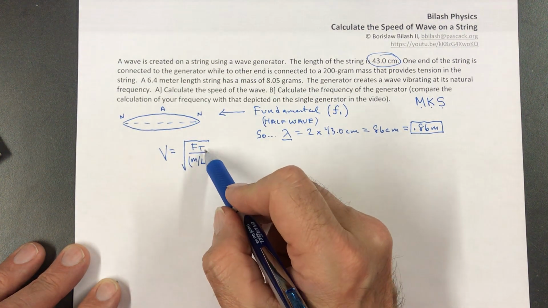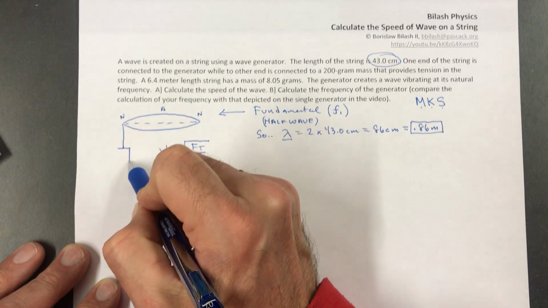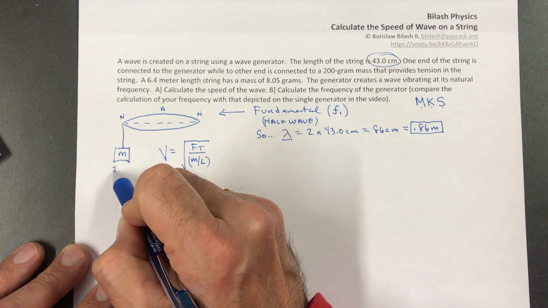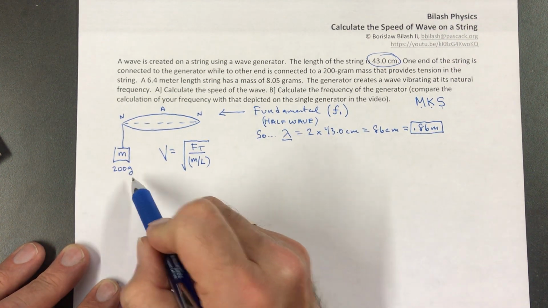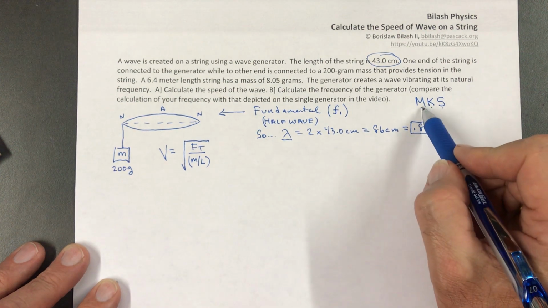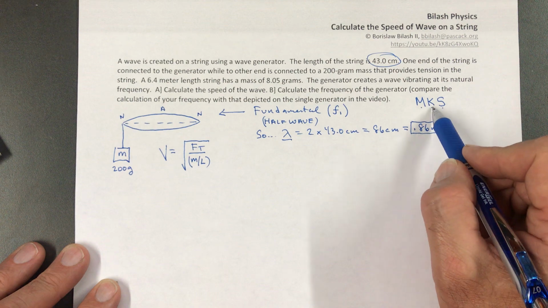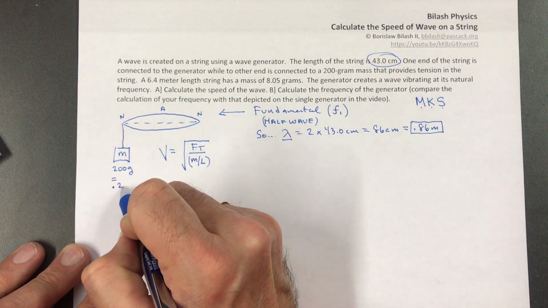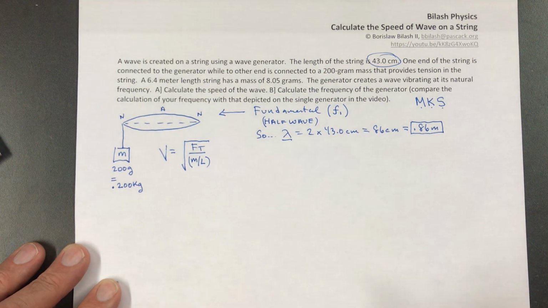Now, the tension on this string is provided by this hanging mass. And in this case, we're told that this hanging mass is 200 grams. So that 200 grams, we're going to have to convert that to kilograms, because remember, MKS, meters, kilograms, seconds. So that's equal to 0.200 kilograms.